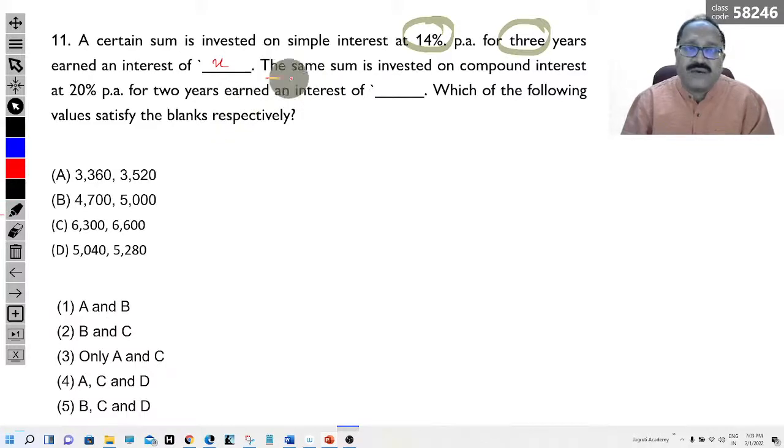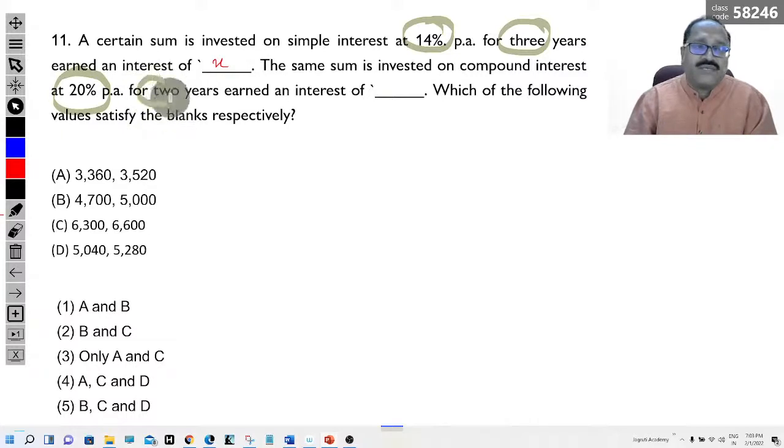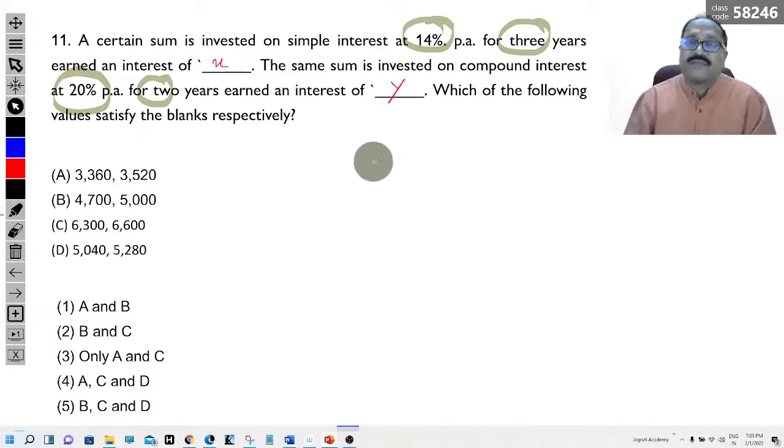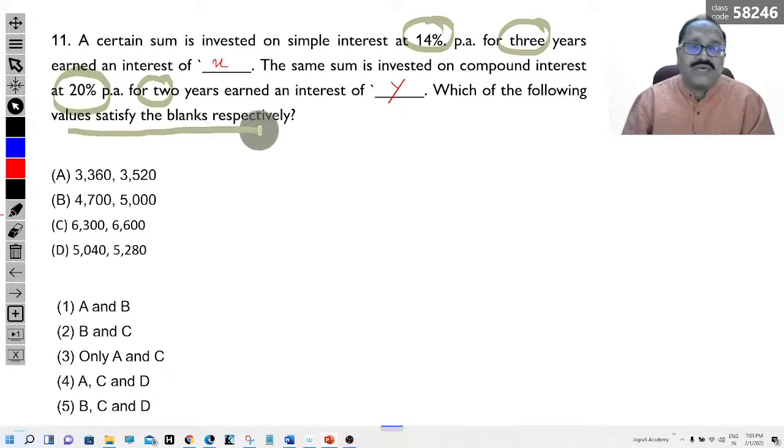The same sum is invested in compound interest at 20% per annum for 2 years and earns an interest, let's assume, of Y rupees. Which of the following values will satisfy the blank?